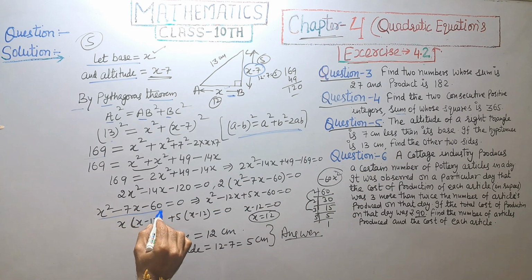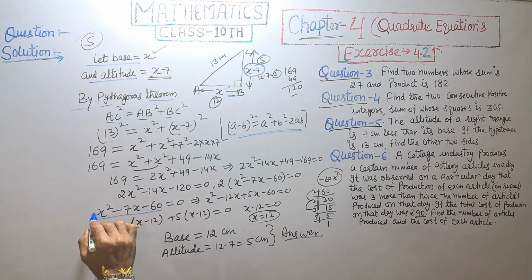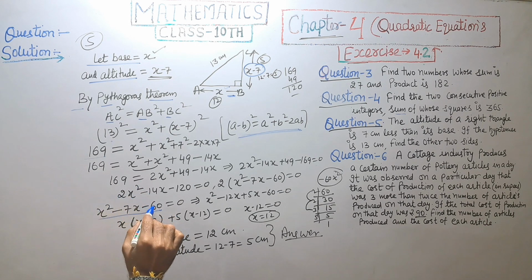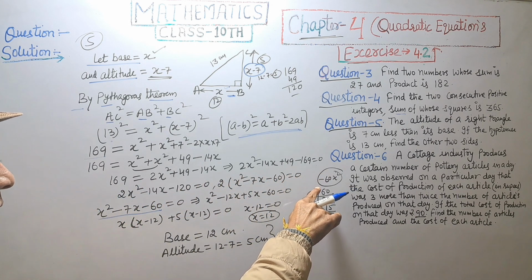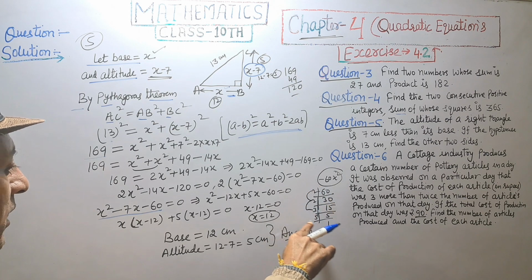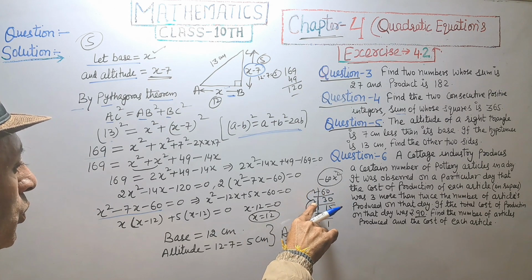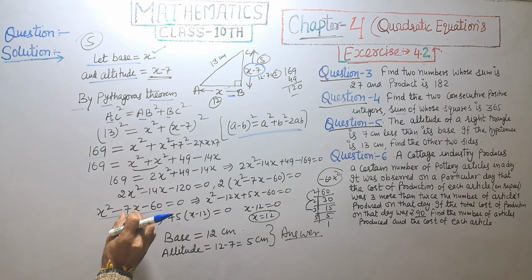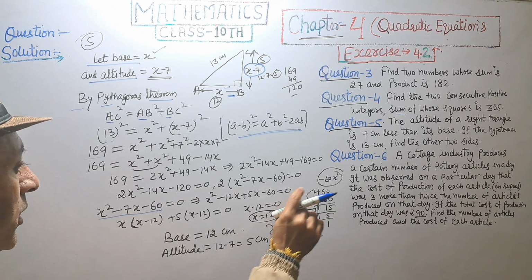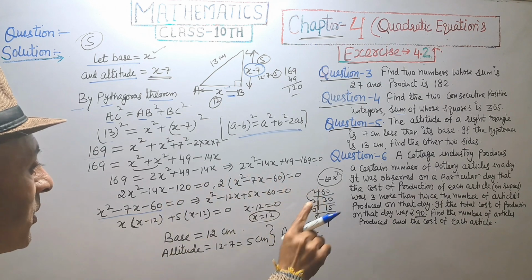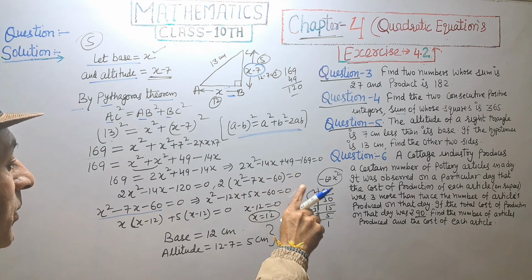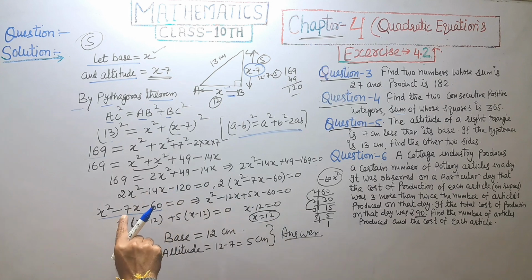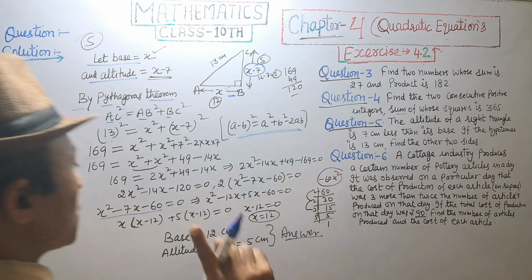By splitting the middle term, the product of first and last is minus 60x square, and prime factorization of 60 is 2 into 2 into 3 into 5, and we split minus 7x as minus 12x plus 5x. 12x minus 5x equal to 7x, and 12 5s are 60x square.